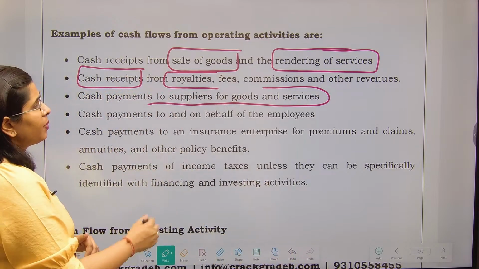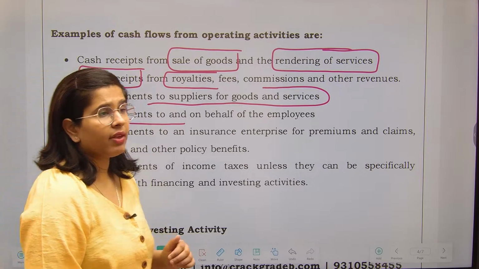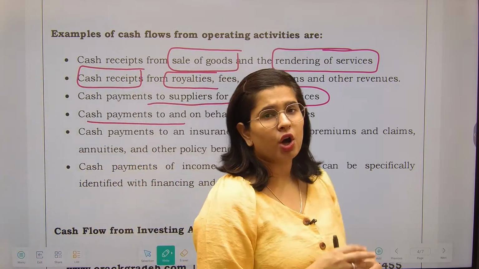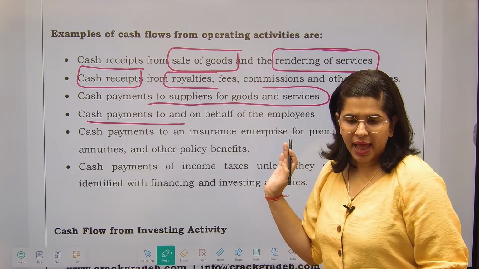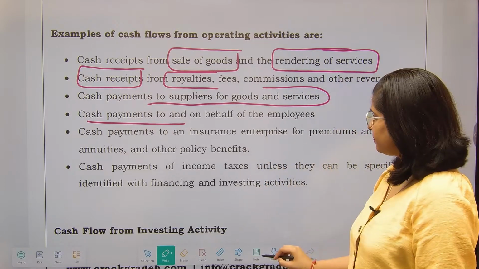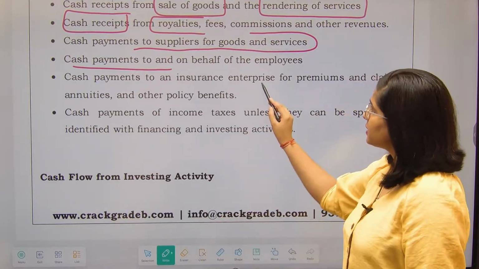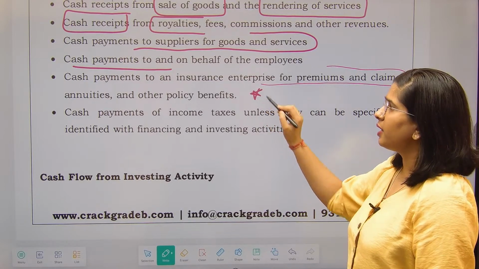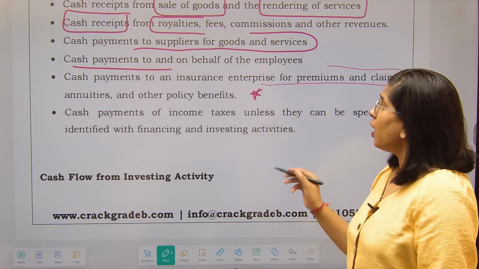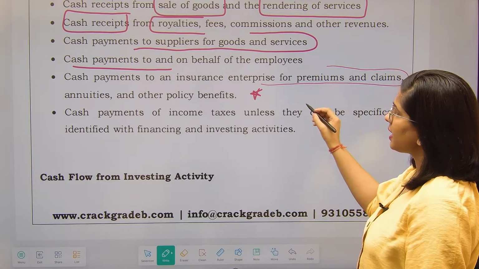Next is cash payments to the employees. Employees are working for my business. If they will not work, then my business is not going to run. Fine. So this is also an operating activity. Next is cash payments to an insurance enterprise for premiums and claims, annuities, and other policy benefits. Now, see, cash payments to an insurance enterprise for premiums and claims.